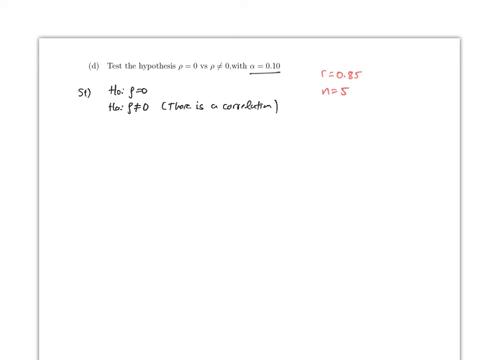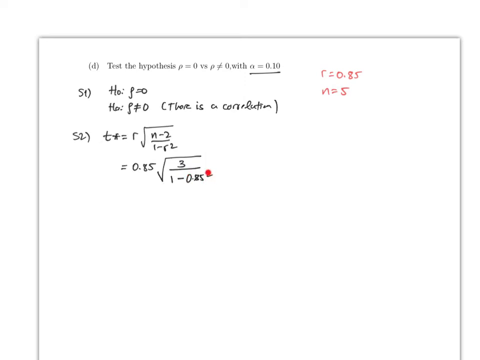All right, so for step 2, you need to find T star. And the formula for T star is the following, which is on the formula sheet 2. You have to be careful when you're plugging in the values. So in this case, this will be 0.85. And then N is 5, so N minus 2 is 3. This will be 1 minus 0.85 squared.